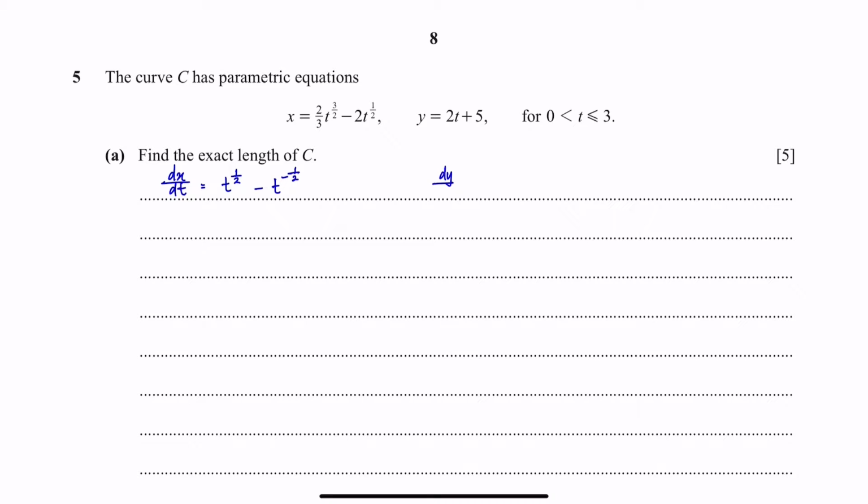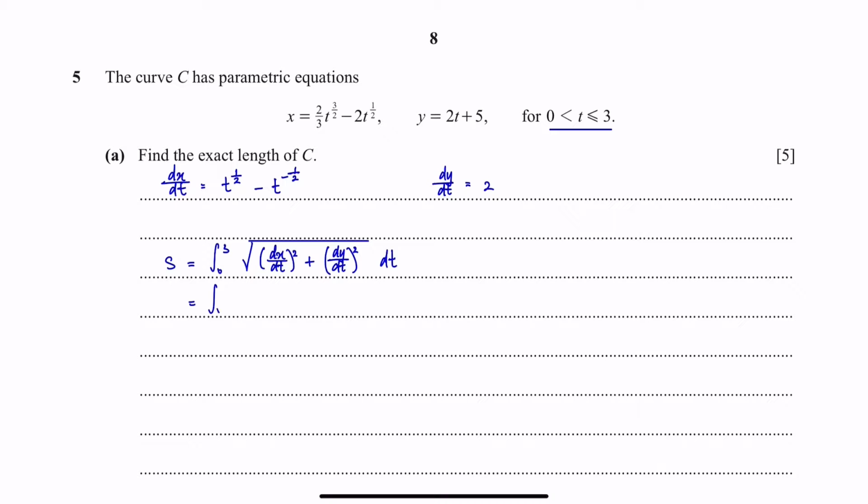And dy dt will be just 2. And now the exact length of C, let's call it s, would be the integral from 0 to 3, as given here, of the square root of dx over dt squared plus dy over dt squared.